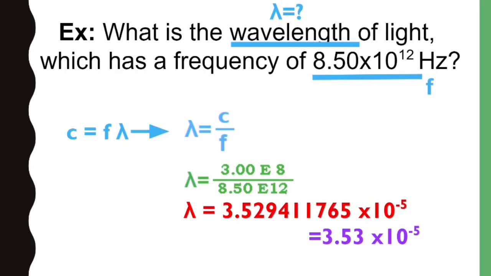So just changing that base, 3.53 times 10 to the negative 5 is our final answer. Keep in mind, because that was wavelength, we need meters on that to be our full and correct final answer. So even though these numbers are kind of big and they look a little bit weird, once we get our calculators in front of us and start learning how to push that E button, it's really pretty simple.